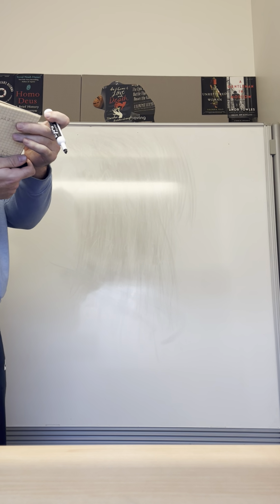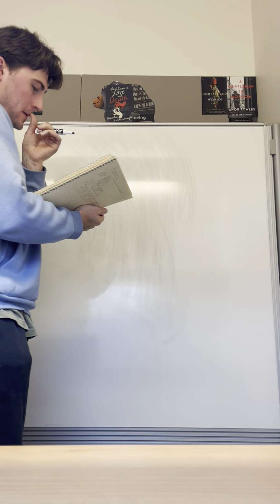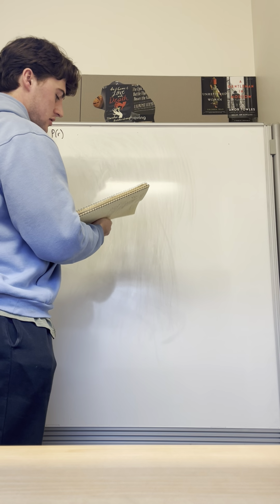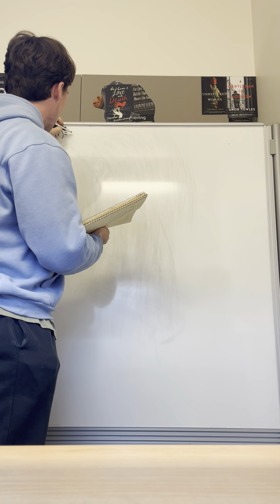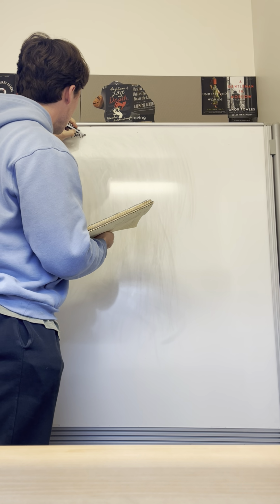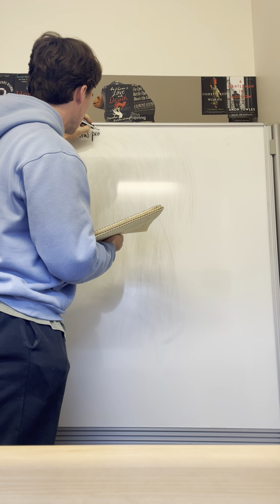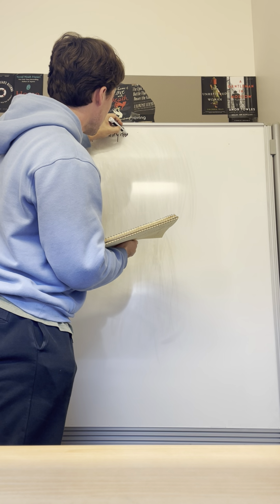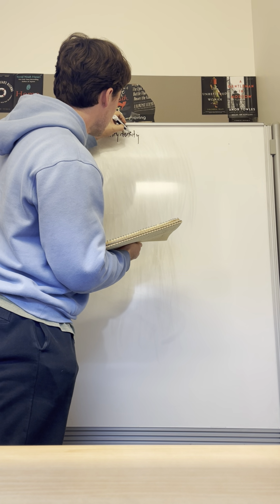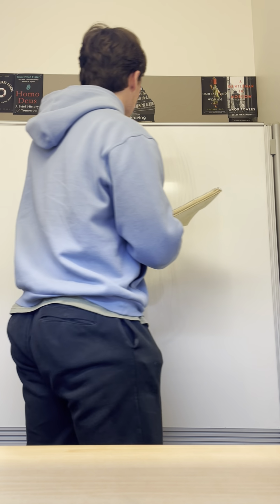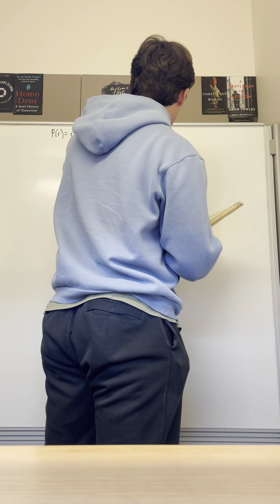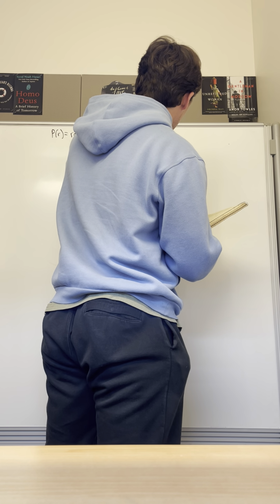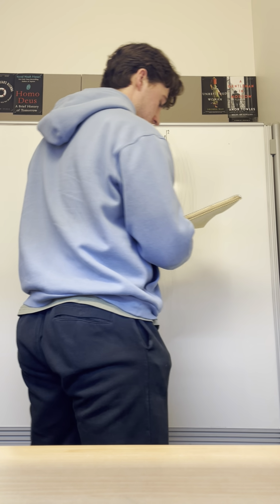So starting with the most probable, we know that P of r is our radial probability density, which equals r squared times the absolute value of big R_nl squared.